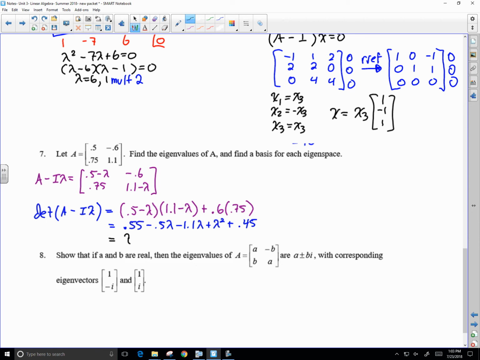All right, so lambda squared, negative 0.6, negative 1.6, and then plus 1. Barring anything too terrible. Okay, so that's going to be equal to 0.